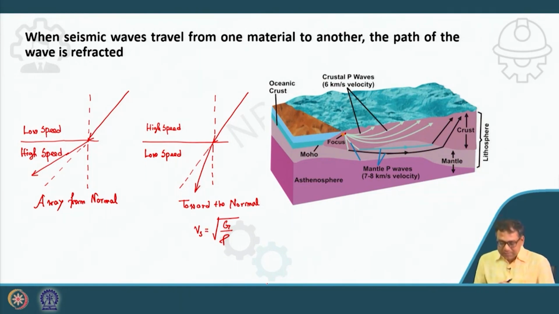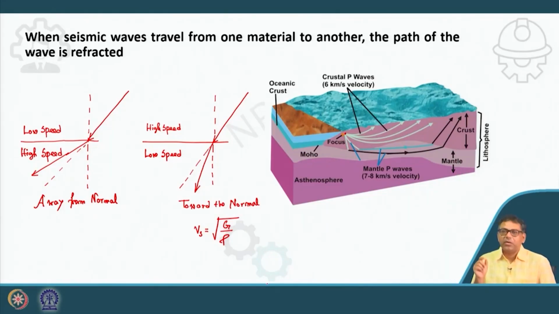Right now, if I look at the crust, upper mantle and lower mantle, velocity increases as density increases.